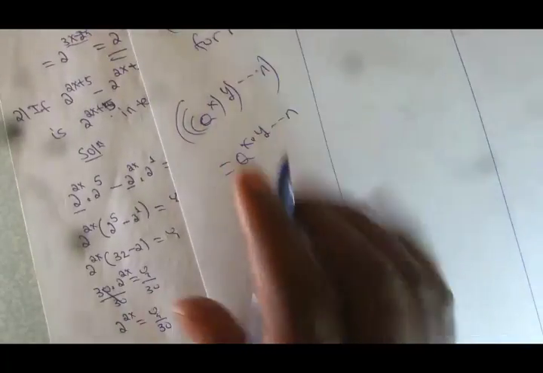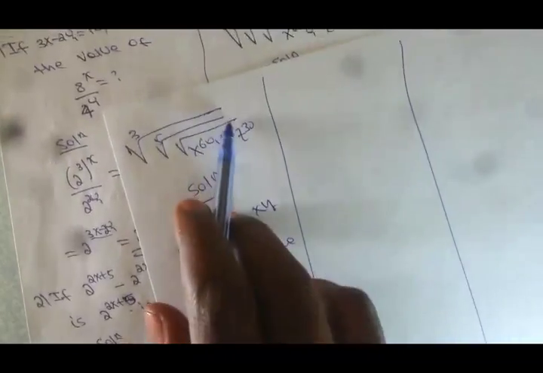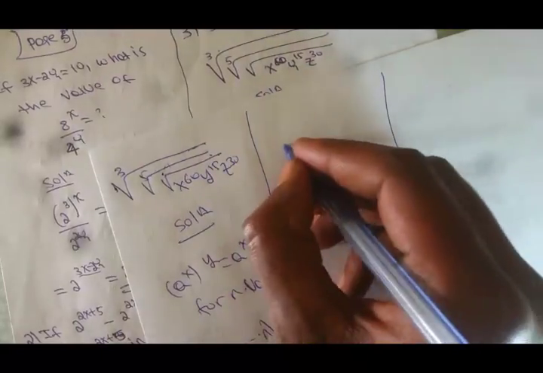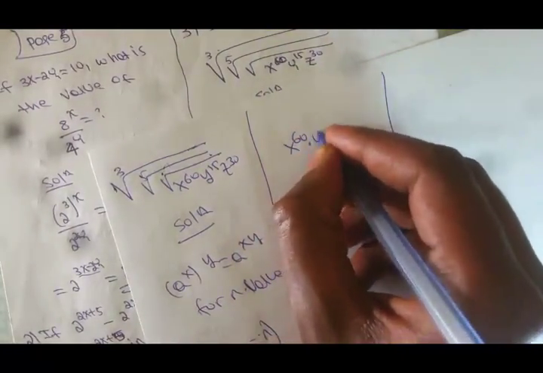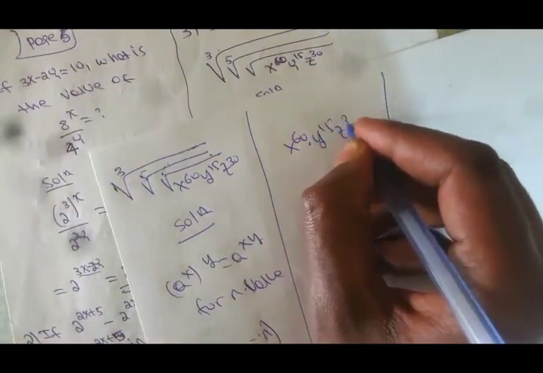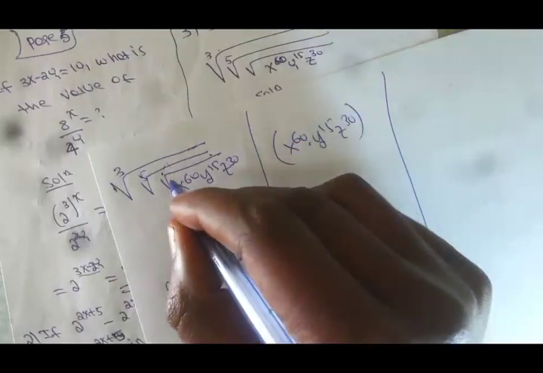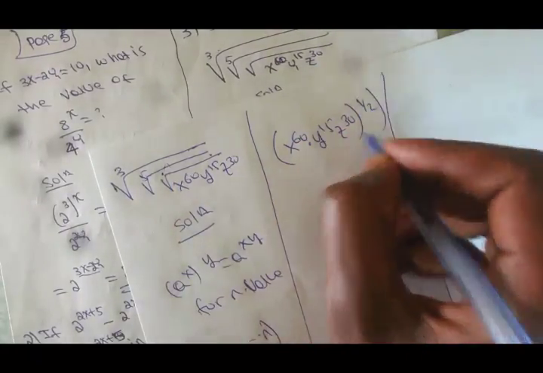Therefore, this can be written as x raised to 16 times, y raised to 15 times, z raised to 13 times. The first, square root, means 1 over 2.